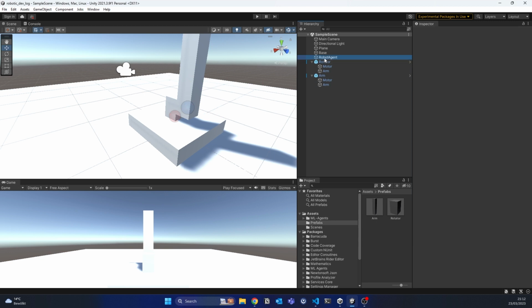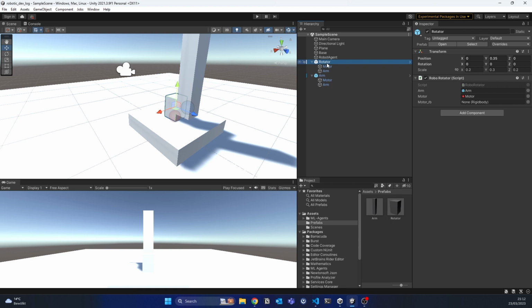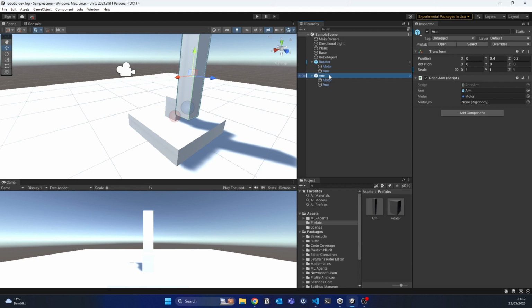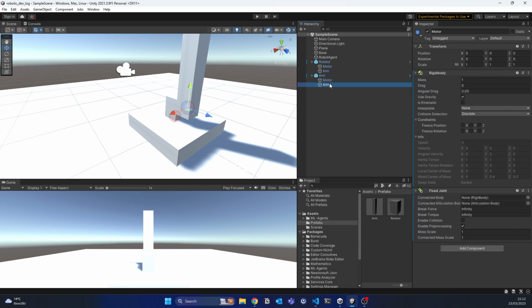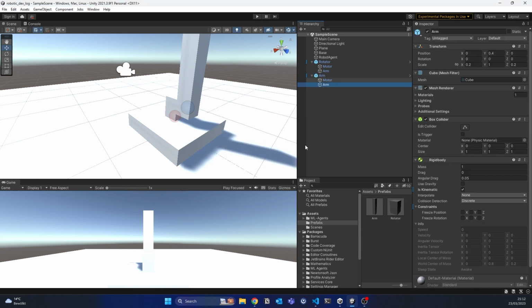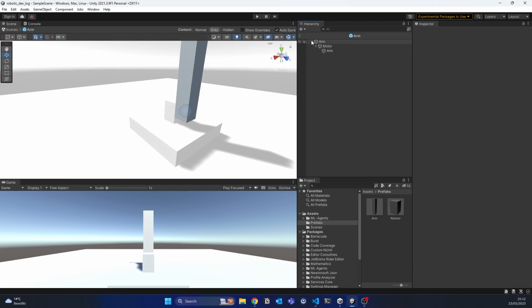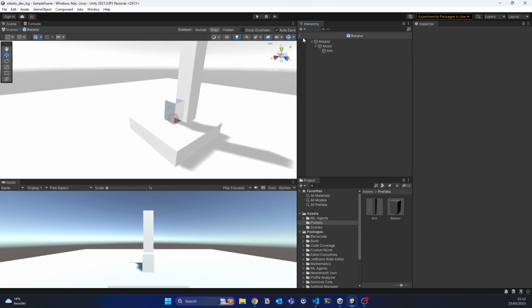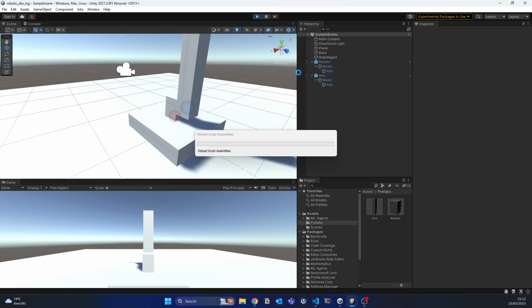Okay, so if I now turn the rotator, what should happen is that this guy here is also turning around, right? But maybe I have to change this again. Also this has to go in here. Okay, let's try that.